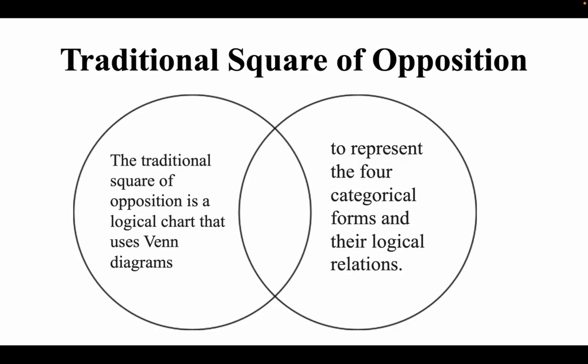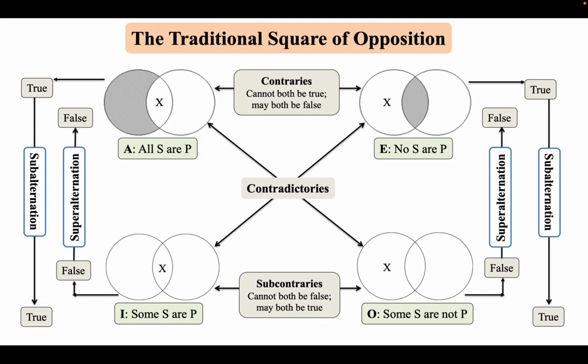The square of opposition is a logical device that looks like a chart that uses Venn diagrams to represent the four categorical forms that we have learned before: A, E, I, and O. And the square of opposition shows the logical relations that hold among the four different forms. It looks like this. And as you can see, there are different labels.